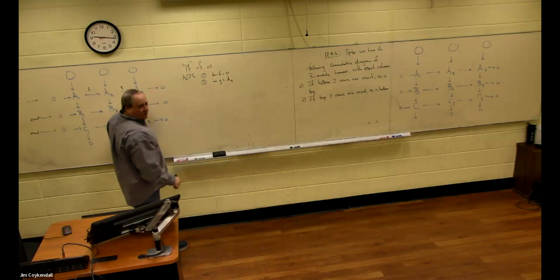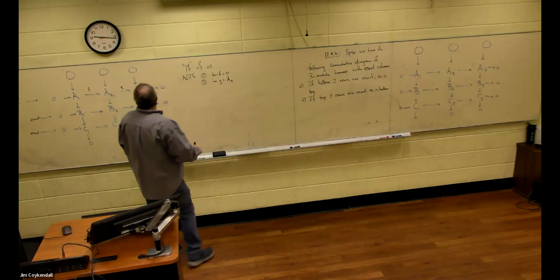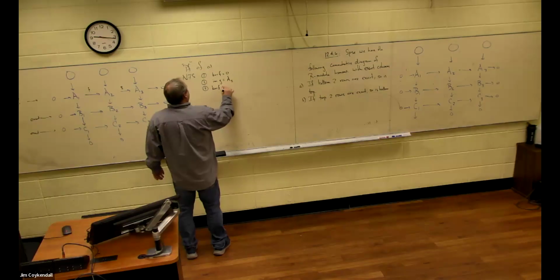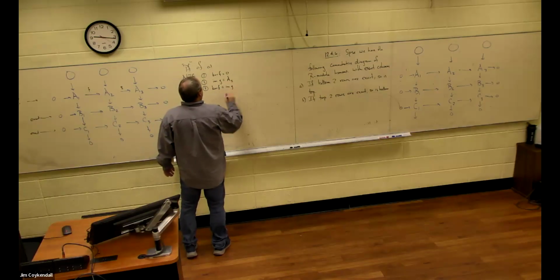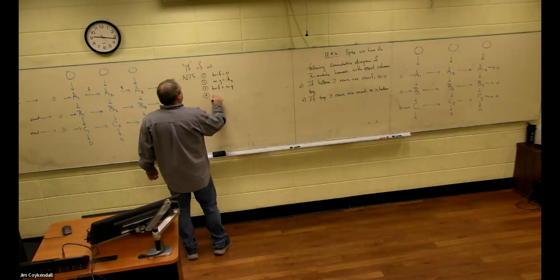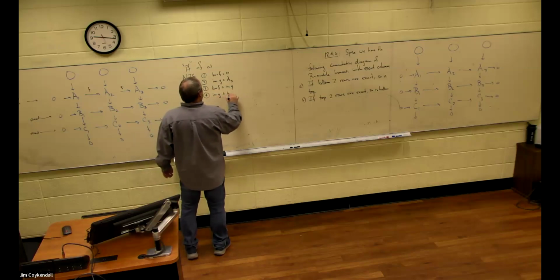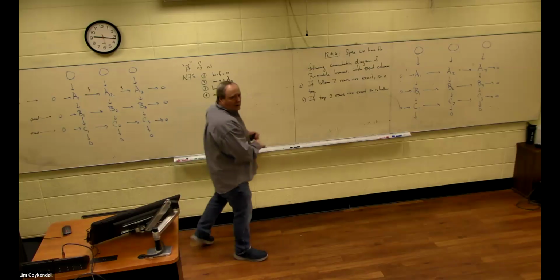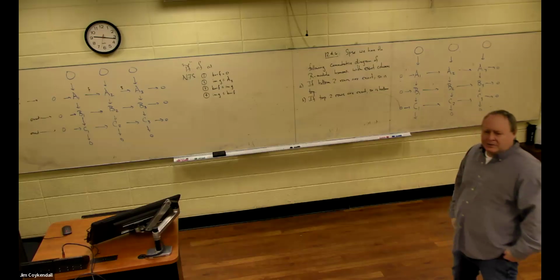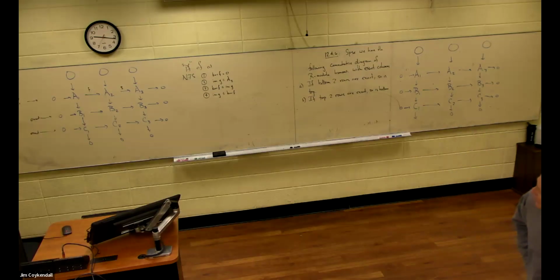Number 3, kernel of G is contained in the image of F. And number 4, the image of F is contained in the kernel of G. So basically, the first thing is exactness at A1. The second thing is exactness at A3. And the last two combined is exactness in the middle at A2, right?